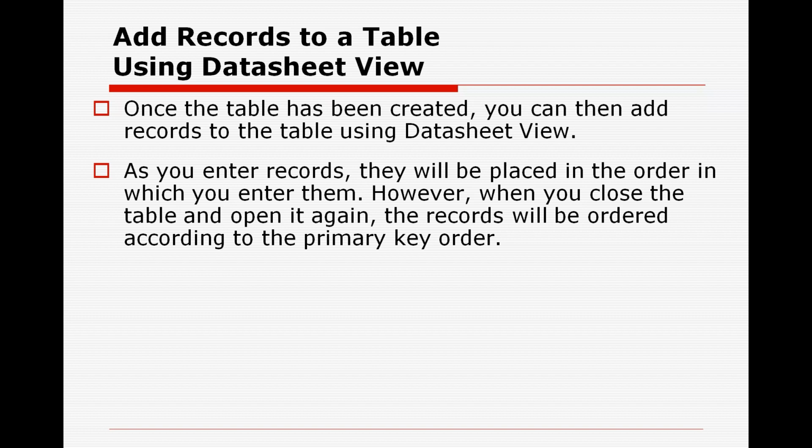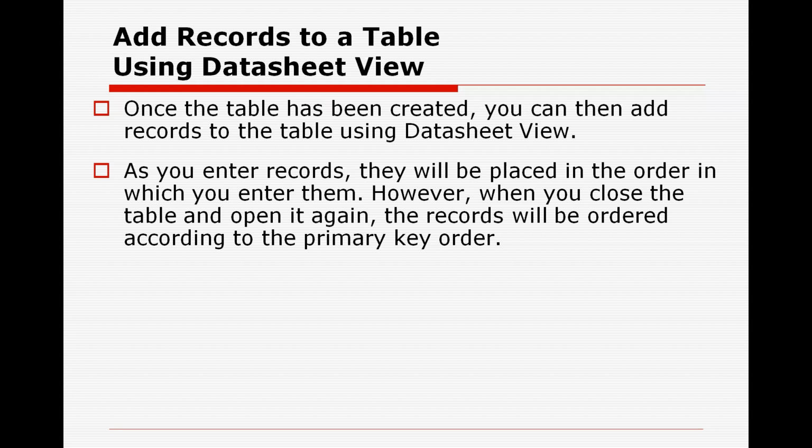However, when you close the table and open it again, the records will be ordered according to the primary key order, right? That is also important. You may insert data with the primary key, for example, S01, S02, S03. Then you can insert S010, S011, S020, like that. Just that is your order, how you inserted it.